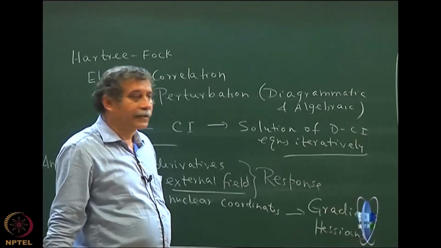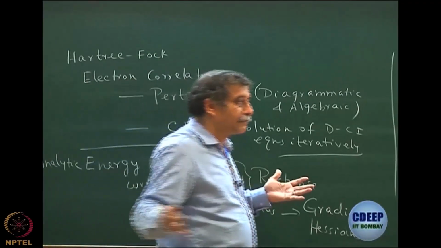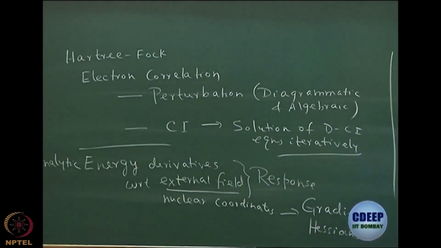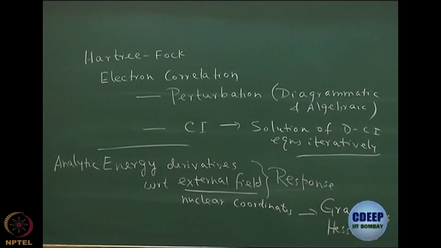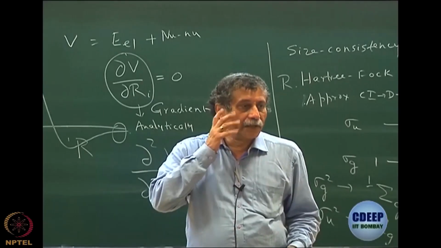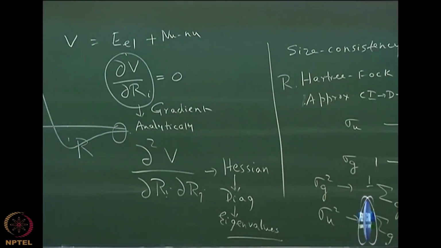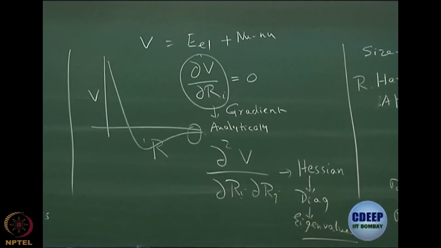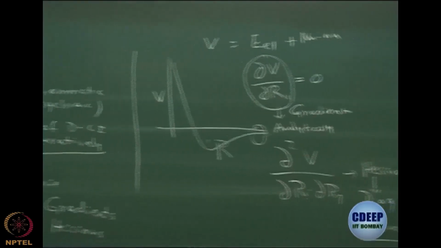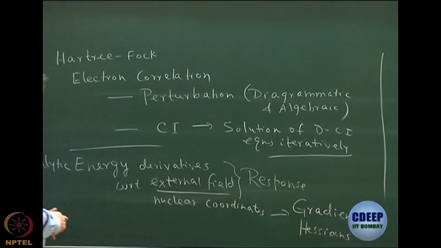So, let us not forget, but iteratively essentially means that we do not want to solve the entire eigenvalue problem. We want to look at only the ground state or the lowest root in an iterative manner, and very often we have started with an expression in terms of E correlation and set E correlation equal to 0 as the first guess, and then you continue. This also we have discussed very elaborately. So, I just wanted to mention this.